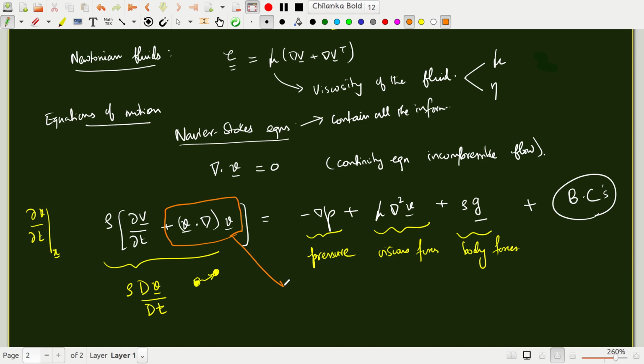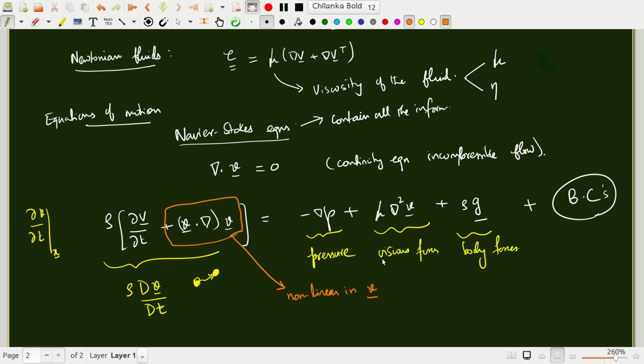This term is non-linear in velocities, and it contains products of velocities and their derivatives, right? So this term is one of the most important terms in generating turbulent flows in fluids. So the Navier-Stokes equations are fundamental to understanding the flow of Newtonian fluids.